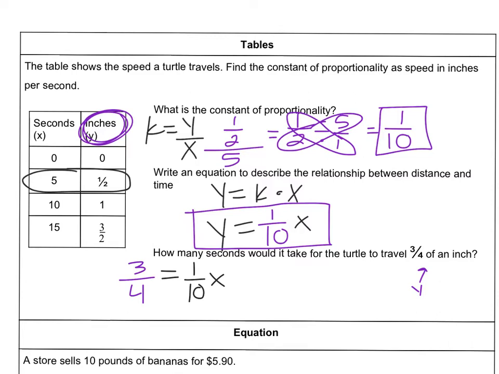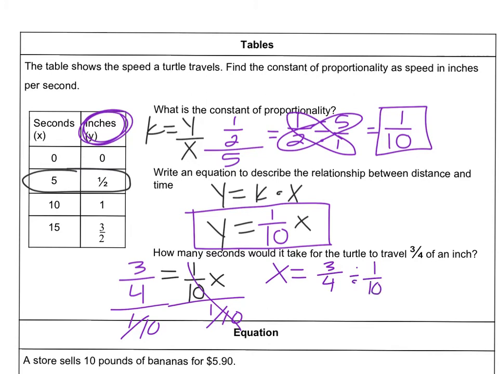So in order to find what 1x is, I can divide by 1/10. So over here, I'm going to do it on the side. So 1/10 divided by 1/10 is just 1. So that gives me x equals 3/4 divided by 1/10.